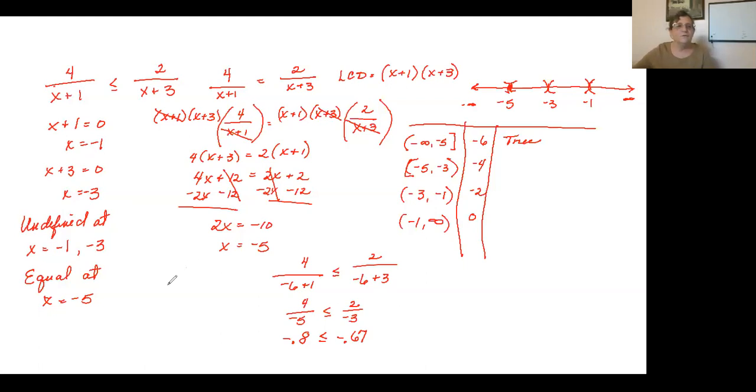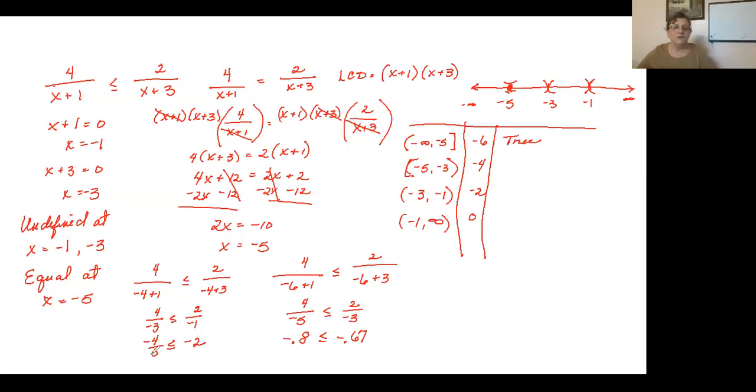Let's try the negative 4. 4 over negative 4 plus 1 is less than or equal to 2 over negative 4 plus 3. This is going to be 4 over negative 3 is less than or equal to 2 over negative 1. So negative 4/3 is less than or equal to negative 2. Not true.